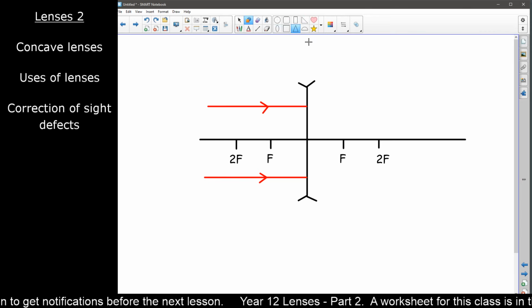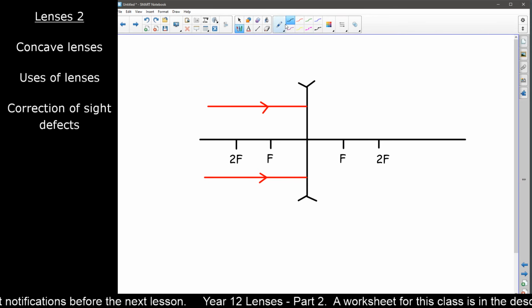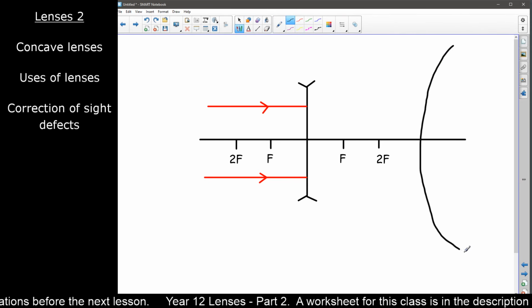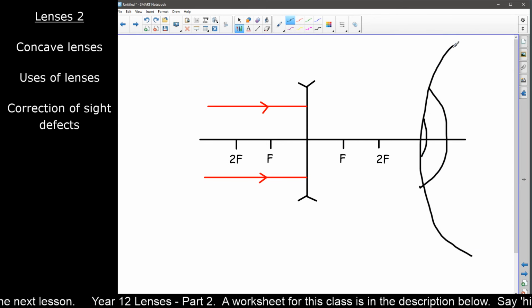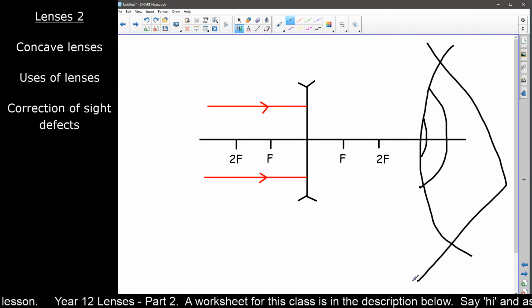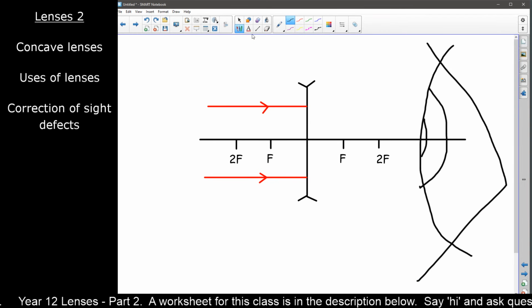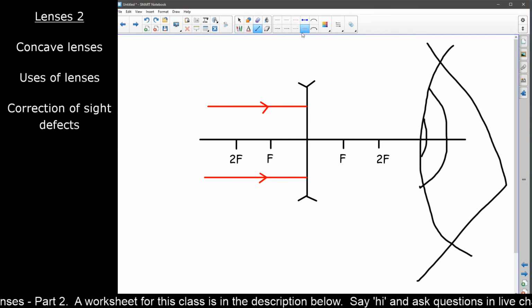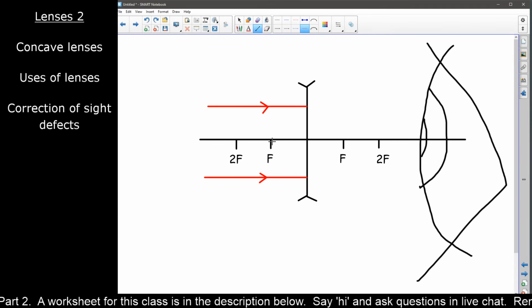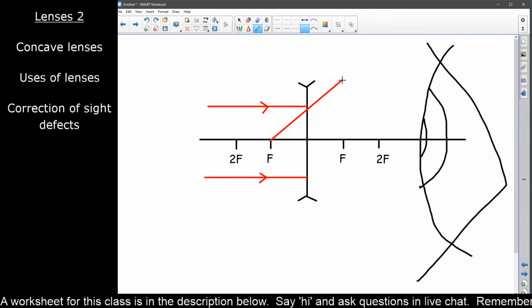Okay, so let's imagine that we have an observer over at this side. So let's draw a gigantic eyeball in here. Okay, so somebody's watching what's going on here, and what they see is two rays of light come through the lens. But what actually happens is this ray of light diverges outwards.